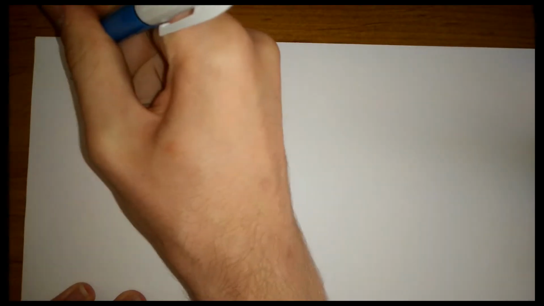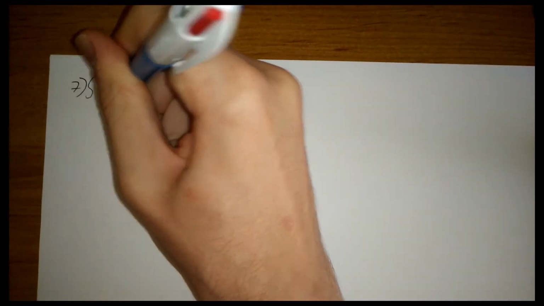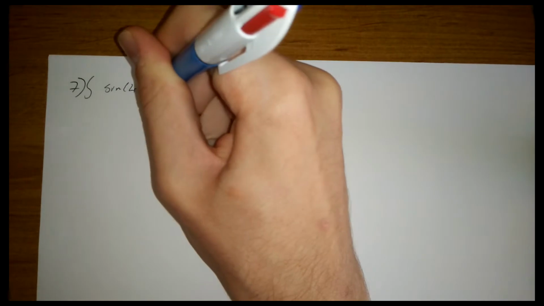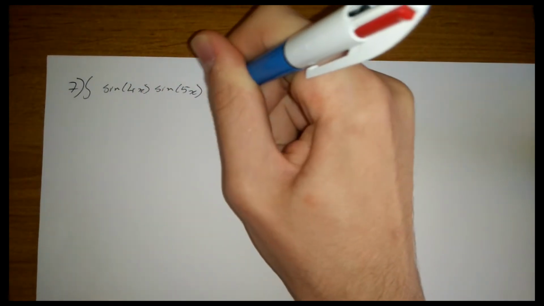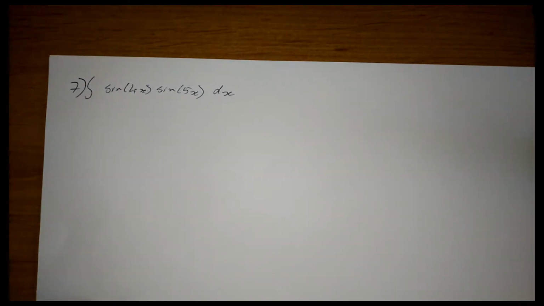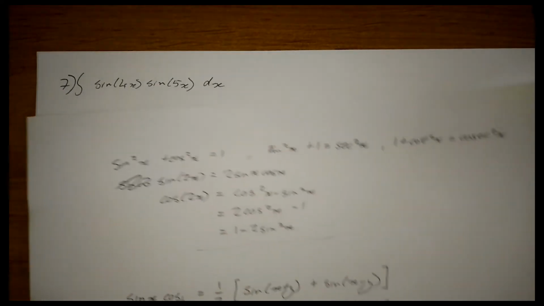So next up, we have number 7, the integral of sine 4x sine 5x dx. Now here we can just use our products formula over here. So we have sine x sine y.